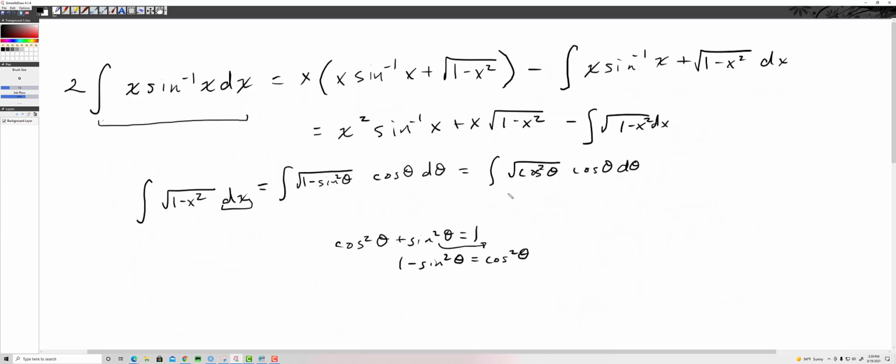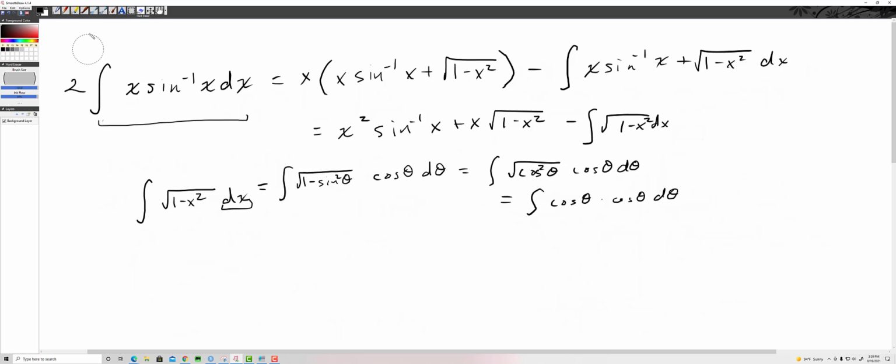And what's the square root of a square? Well, it's just cos theta. So we've managed to boil it down to cosine squared theta. Okay? Here we go. So this is the integral of cosine squared theta d theta.